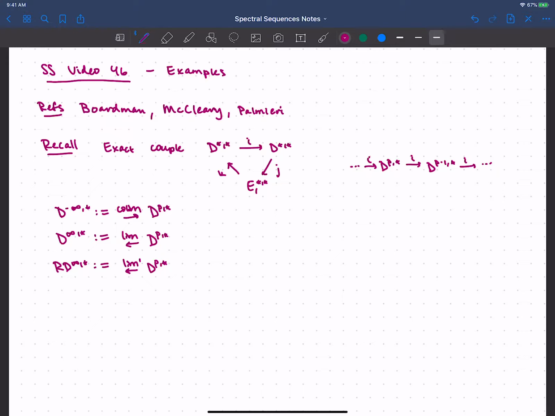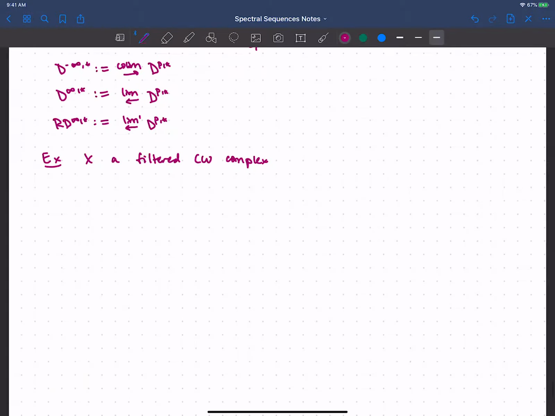so what is sort of the main example that I've been trying to carry through this whole story? Well, that's where we have a filtered CW complex. So let's let X be a filtered CW complex, just with some nice cellular inclusions, but not necessarily the CW filtration.